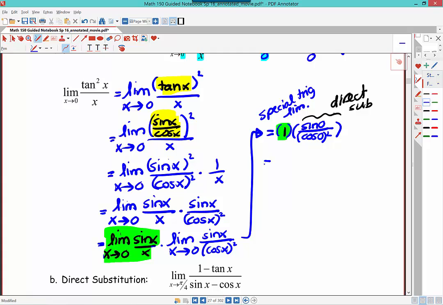So then we'll get 1 times 0 over 1 squared, which is just 0, but you're getting it for the right reason. Okay? Awesome.